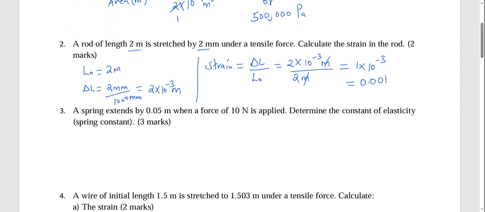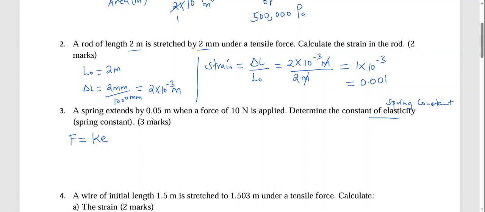A spring extends by 0.05 meter when a force of 10 Newton is applied. Determine the constant of elasticity. The constant of elasticity for this case is the same as the spring constant. Therefore, we use the law of elasticity where force is equal to spring constant times extension.